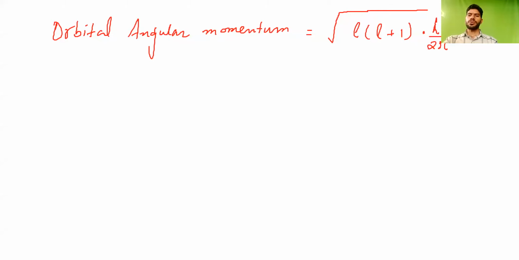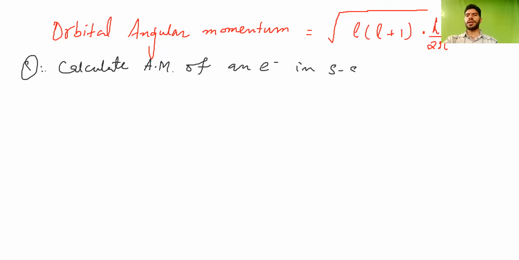So I hope that now you can easily calculate the angular momentum of an electron in any subshell. For example, calculate the angular momentum of an electron in S subshell.